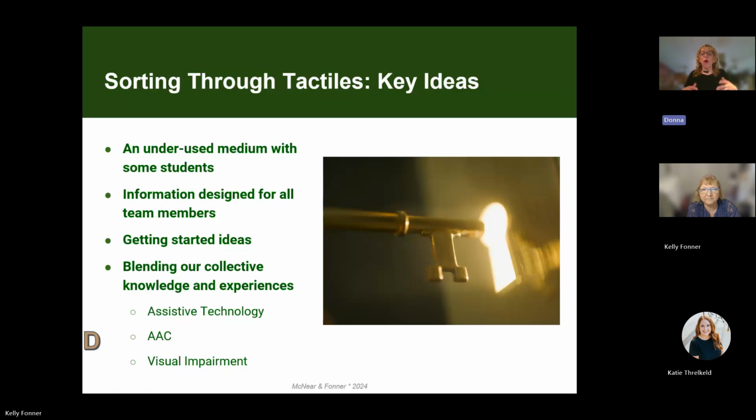So what Kelly and I like to do is blend our collective knowledge and experiences. For Kelly, that comes from assistive technology and her background with teaching in AAC. And for me, it's from teaching in the area of visual impairments. So then we kind of talk about all kids.